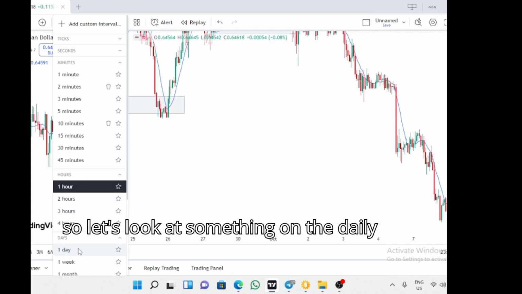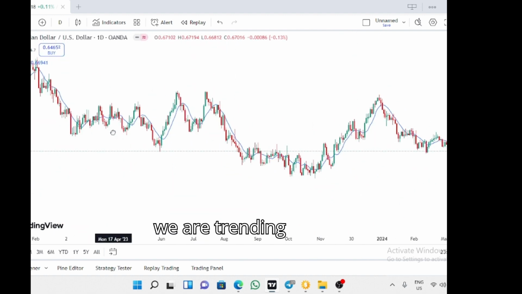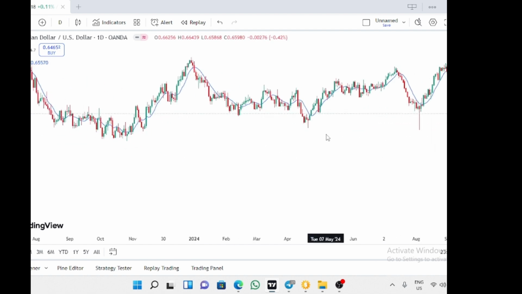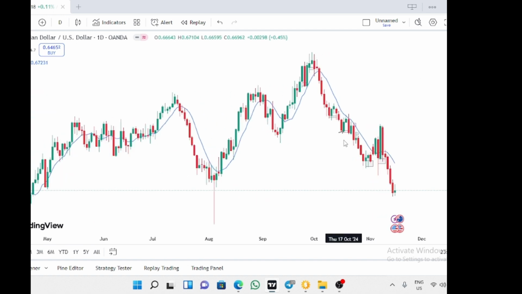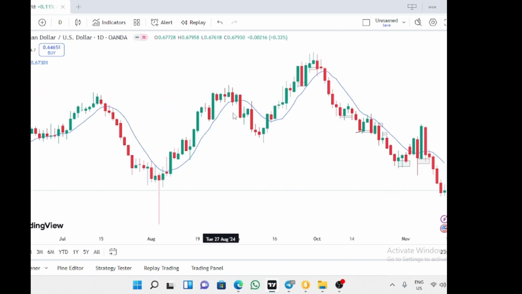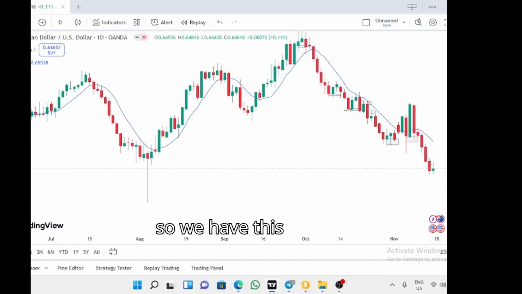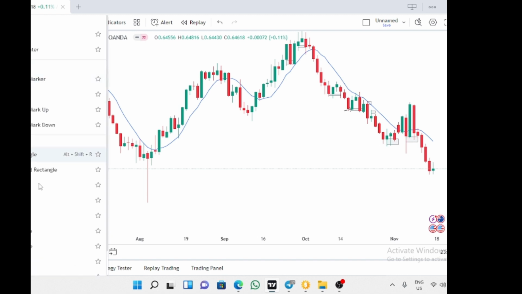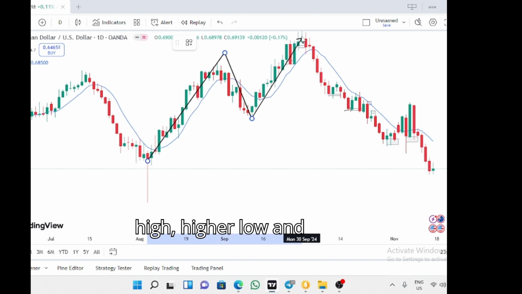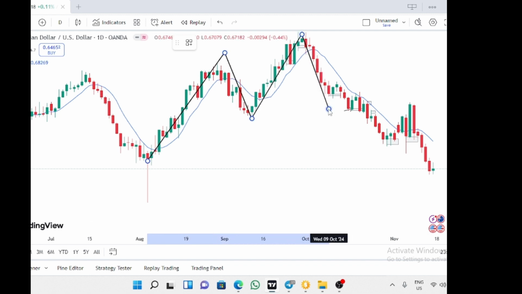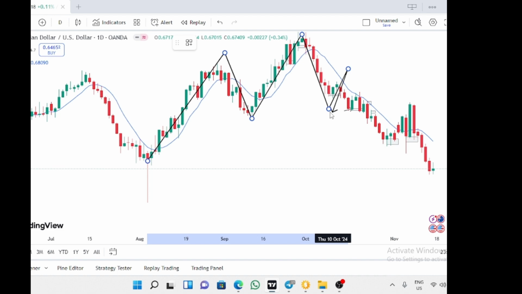So let's look at something on the daily when we are trending. We have this higher high, higher low, higher high, higher low, and price just gave a little push upward and broke this low here.